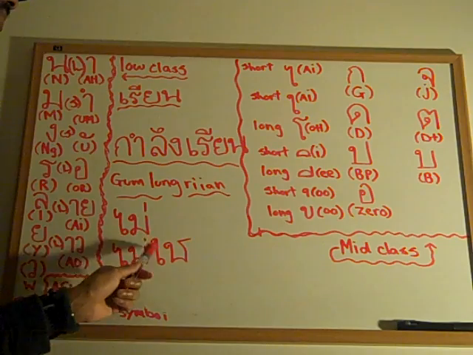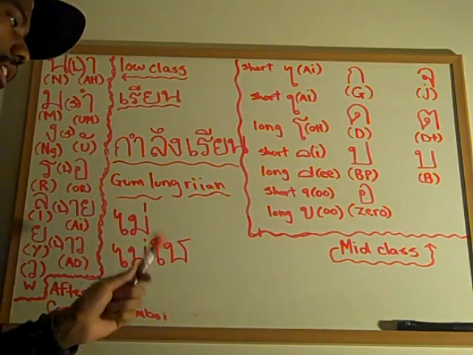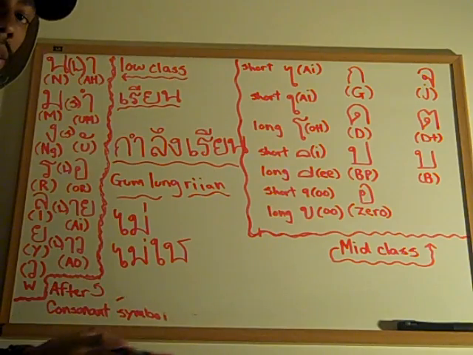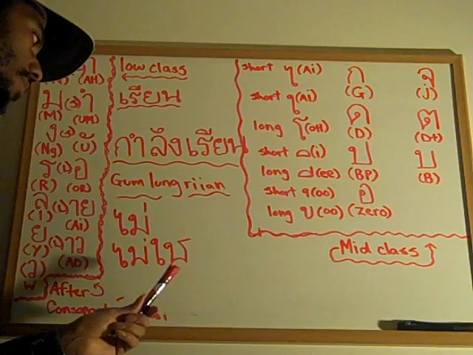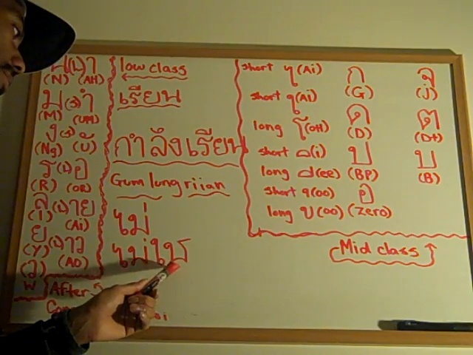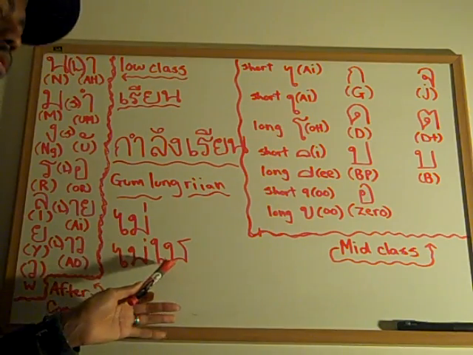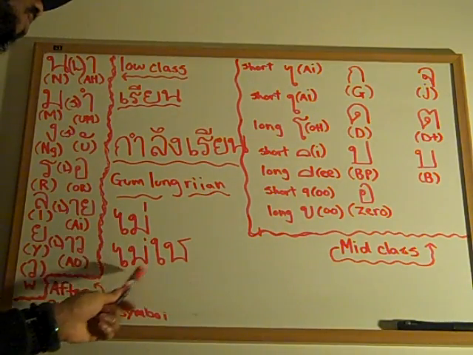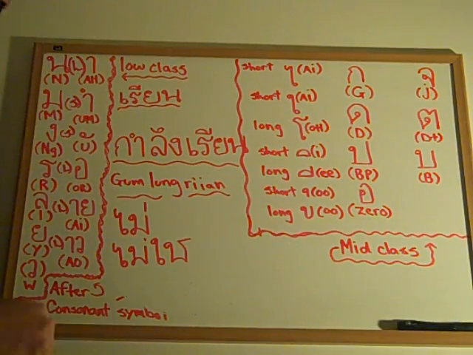Both of these vowels are similar, but you just have to remember: my chai, it isn't. My chai krap, it isn't. But chai krap is yes, it is. Chai krap. So you just have to memorize that when you say chai, it won't be with this vowel, but it will be with this vowel here. So just memorize it. Okay, it's the best thing to do for now.